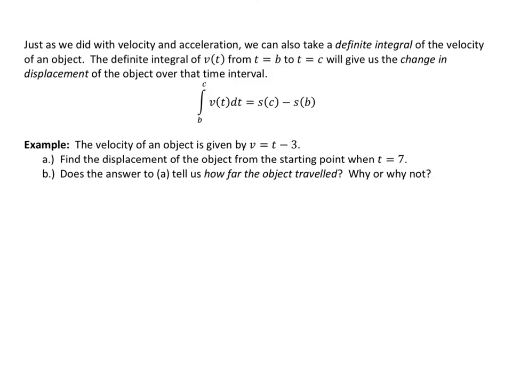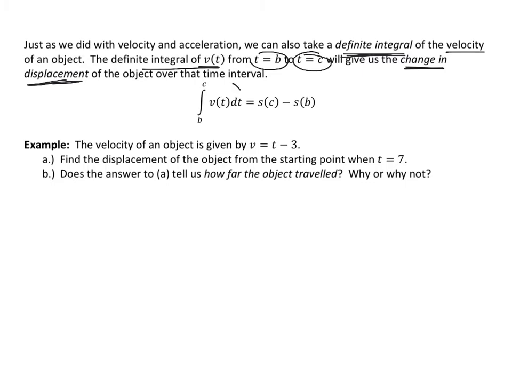All right, so just like I did with the velocity and acceleration, we can also take a definite integral of the velocity function of an object. Very similarly, the definite integral of the velocity from one time to another time is really just going to give us the change in displacement over a time interval.